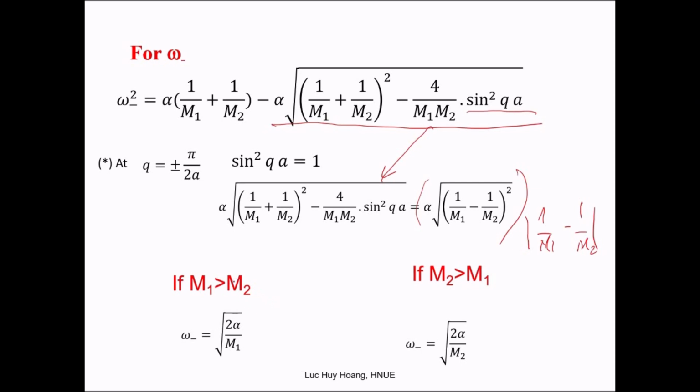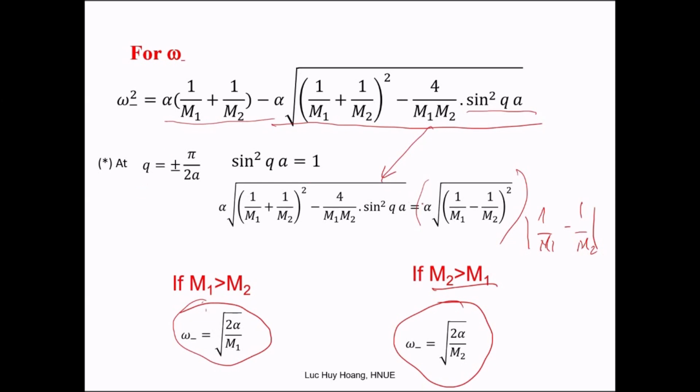So we have to make an assumption. If m1 is greater than m2, we can take the modulus here, and the final result, here we have outside the root, and the omega should be this value. And if m2 is greater than m1, we get this value. I think everyone can easily guess this when we expand it, right?